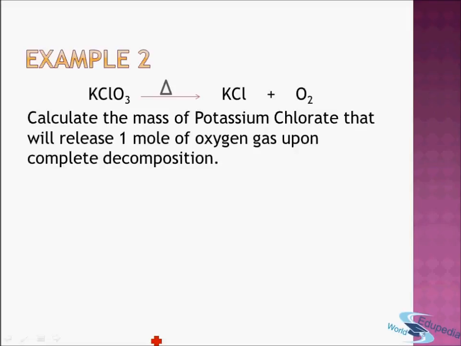So first let's look at the information that has been given to us. What has been given to me is a chemical reaction. And the second thing is information about the product side, one of the products, that is oxygen. And what I have been asked is information about the reactant side.